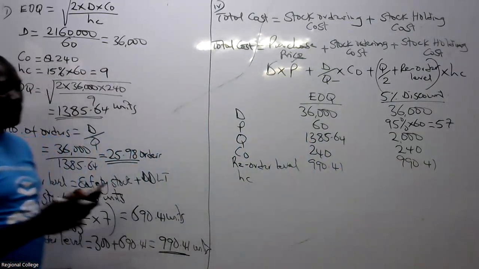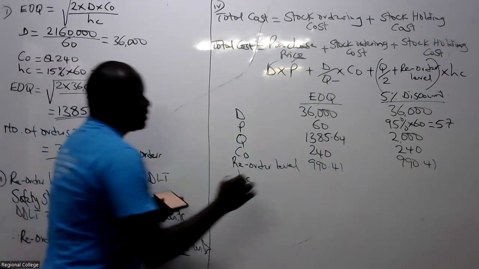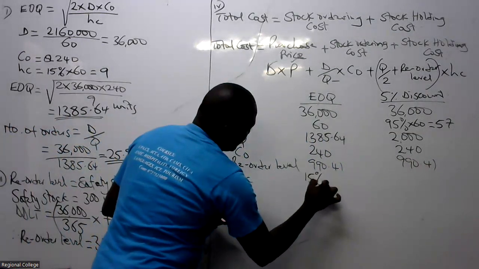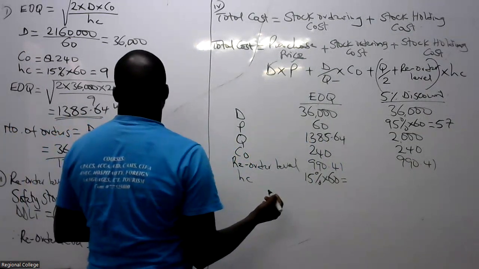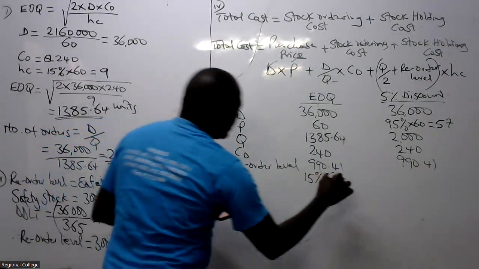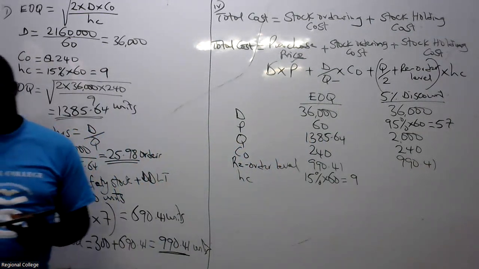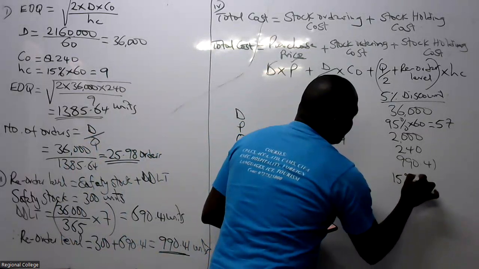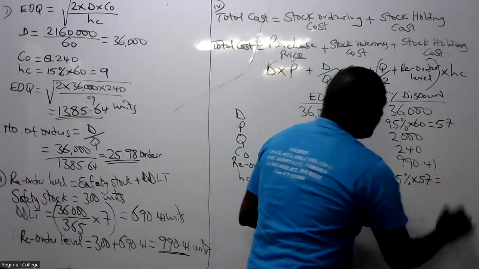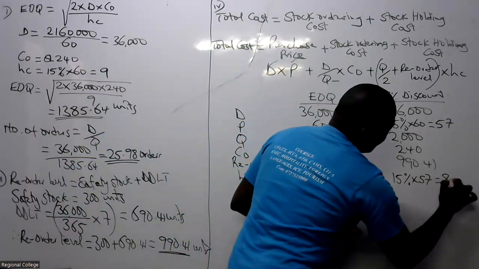XC equals 15% of the purchase price. So here it is 15% of 60, which we got as 9. And this other side will be 15% of 57, which is 8.55.